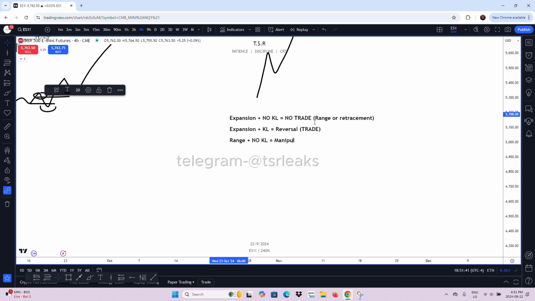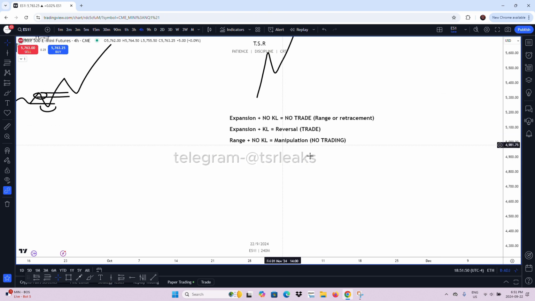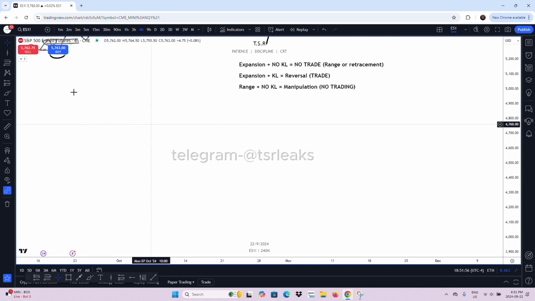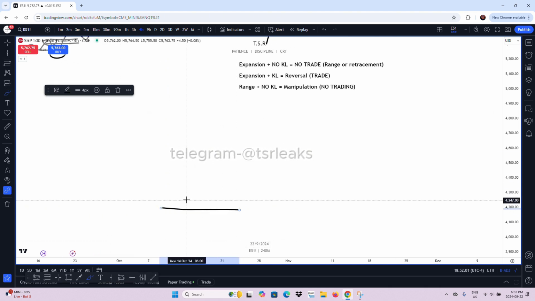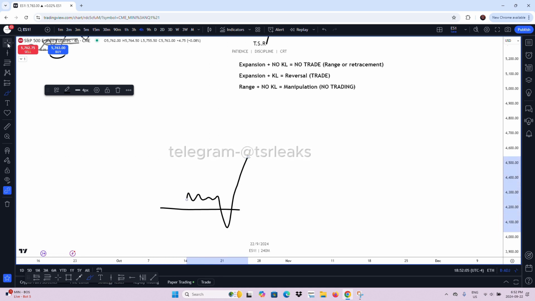For the newer ones, I would highly recommend not trading this. Very important. Okay? No trade. Now, what does this mean? Exactly like I explained before. No key level. However, let's say there was a key level. Manipulation up, right?